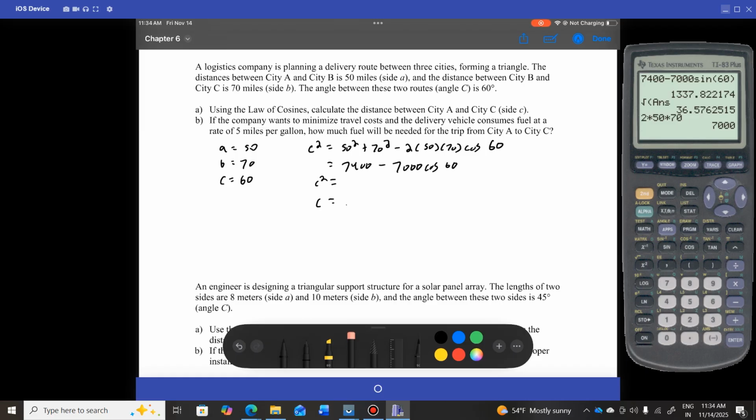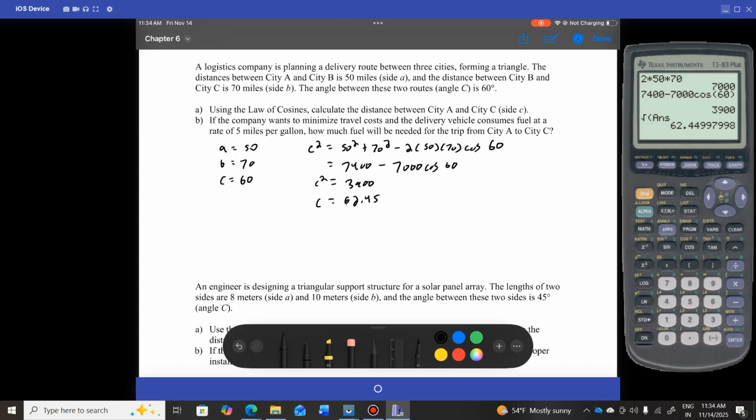Alright, so let's do that again. 7,400 minus 7,000 cosine 60 is 3,900. Take the square root of that. Is 62.45.